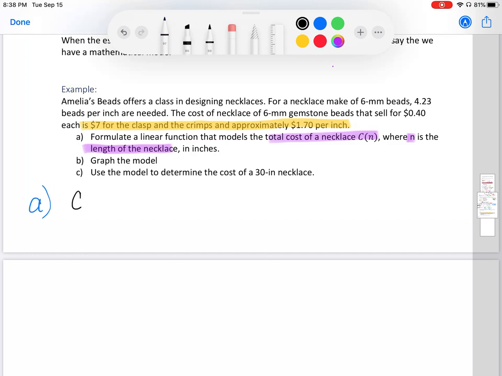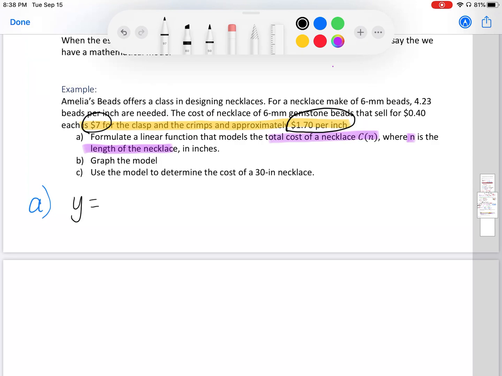So our equation is, instead of y, well, we can use y. Y is equal to, well, they always have this base number. No matter what the length of your necklace, you still have that clasp, that lock that keeps your necklace together, and that's always going to cost $7. So that's not going to change. Now, the length of your necklace may also affect the cost of it, and that may vary.